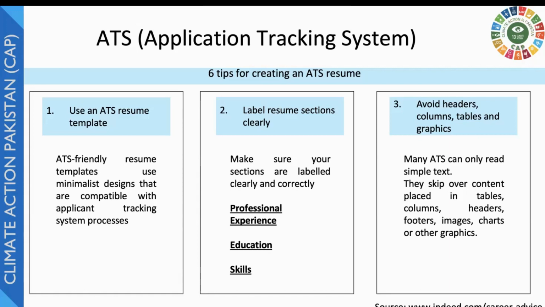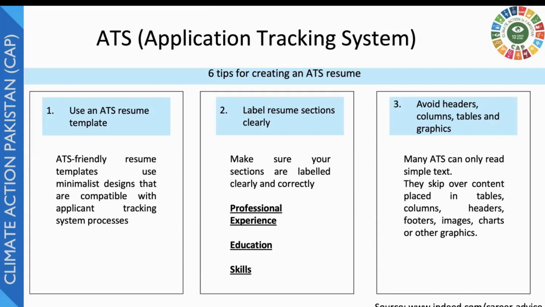The CV should contain labels and resume sections. For example, it should have professional experience well written, education, and skills, in separate portions of your CV, so that when the software sees professional experience, it will go down and pick your information, such as the job name or your designation and your duration.